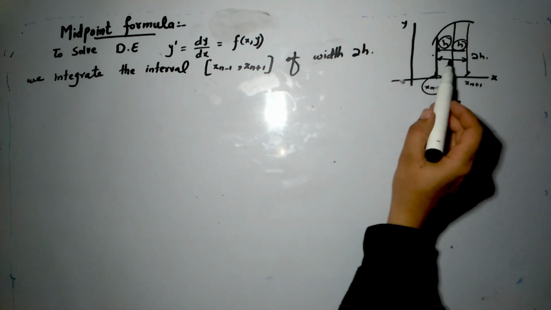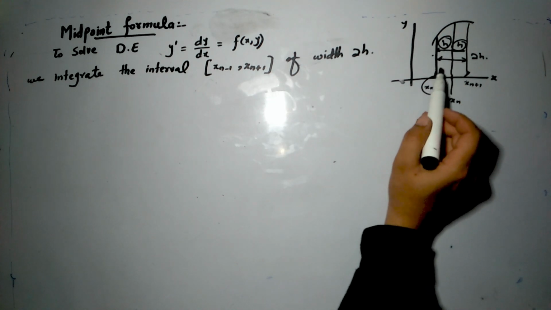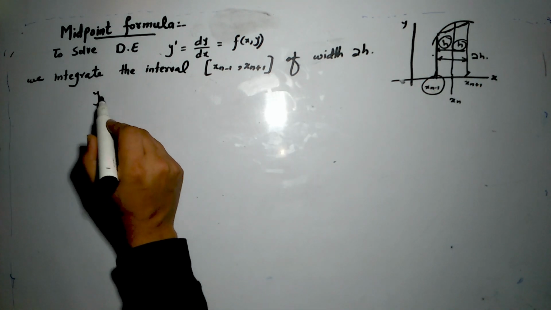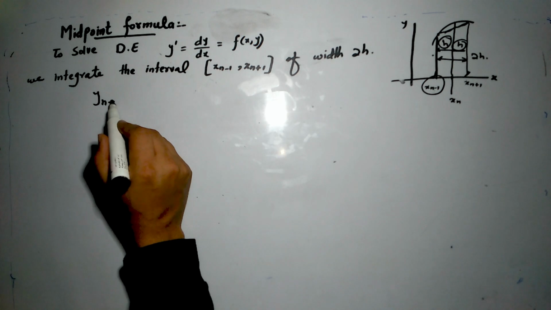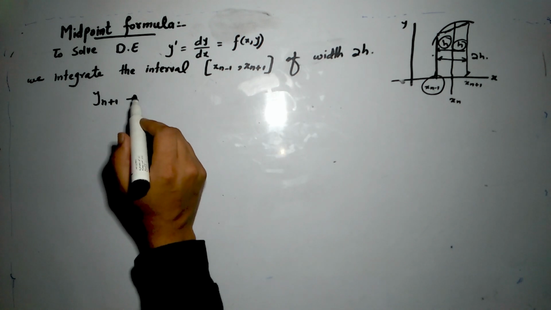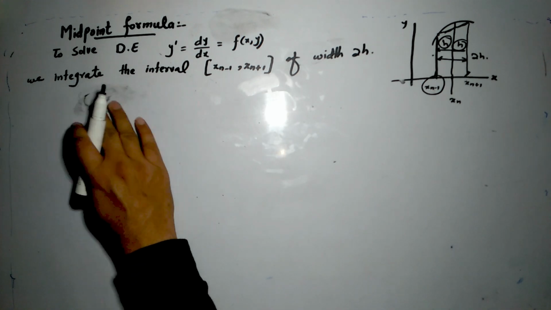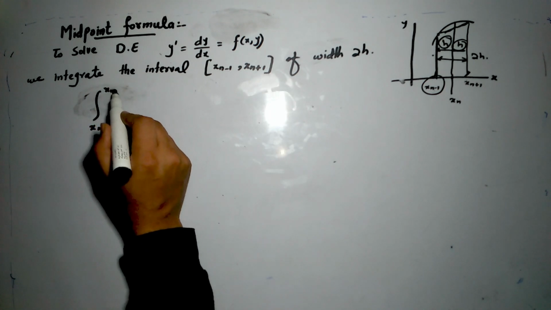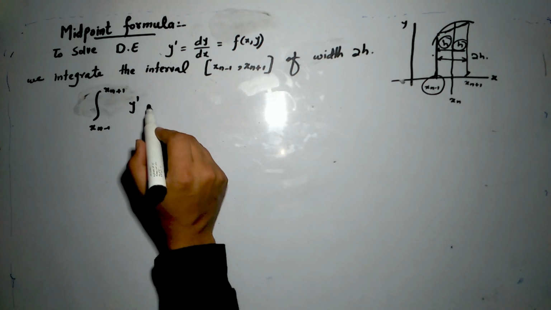Taking the integration, we can write it as y of xn plus 1 minus y of xn minus 1, which is the integration from xn minus 1 to xn plus 1 of y dash of x dx.